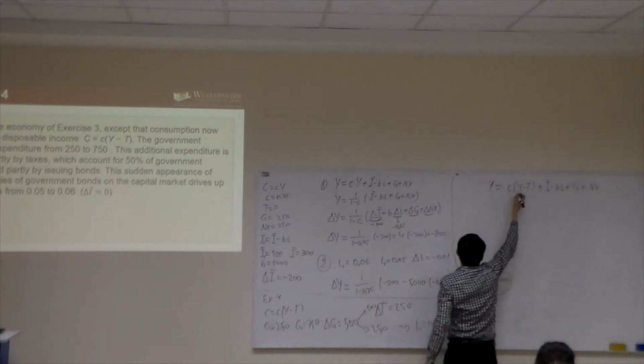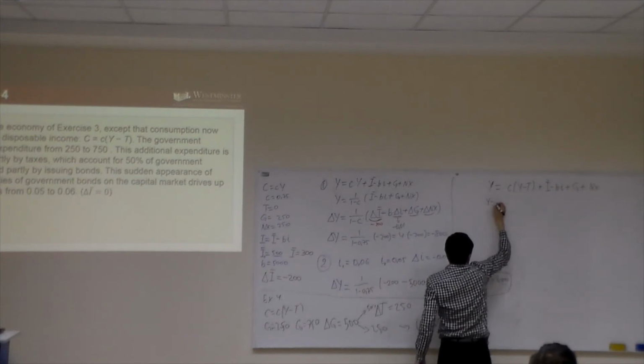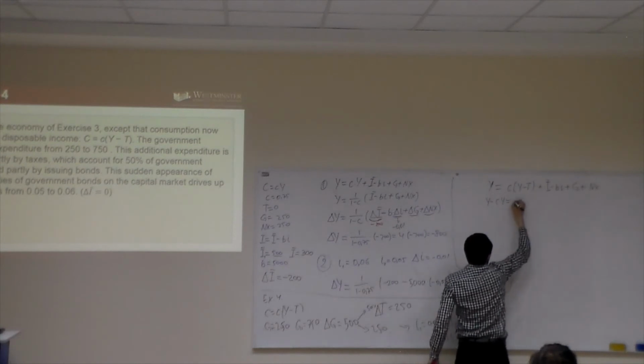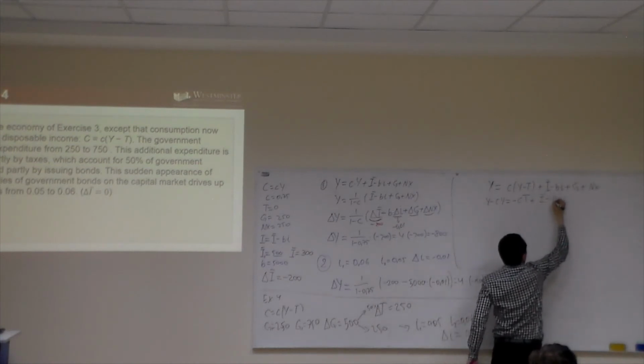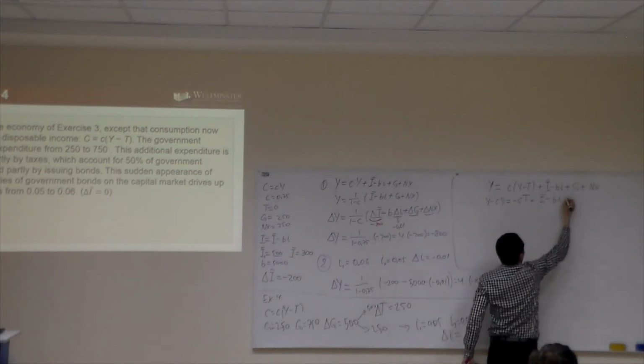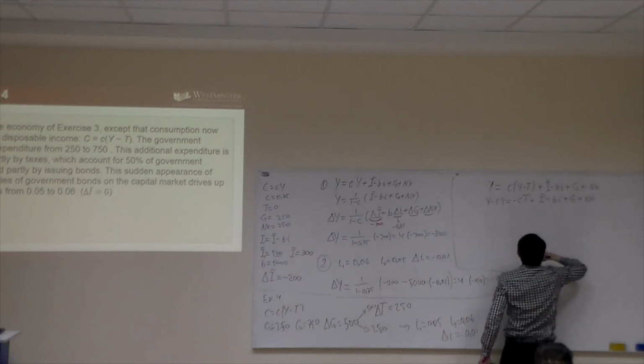If you open this bracket and take this Y on this side, Y minus c times Y is equal to minus c times tax, plus autonomous investment minus b times interest rate, plus government spending plus net export.